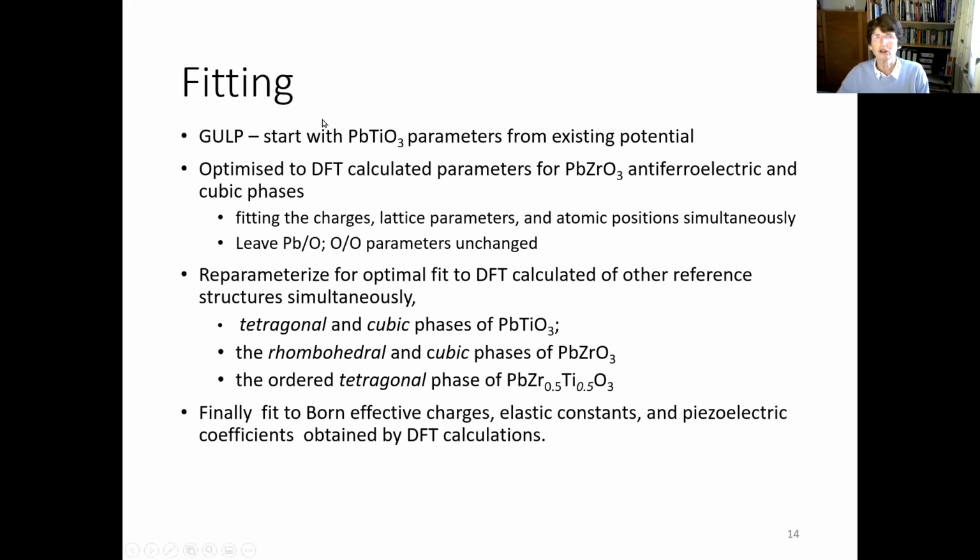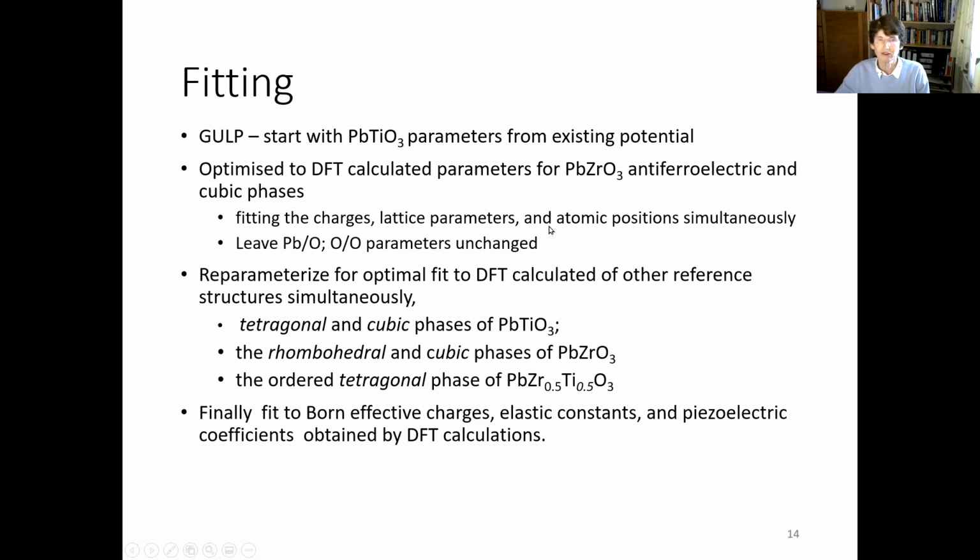So here we start with a well-known, well-established PTO potential that was parameterized. And then we leave the lead-oxygen and oxygen-oxygen parameters unchanged, but fit the zirconium-oxygen parameters to various DFT calculations.